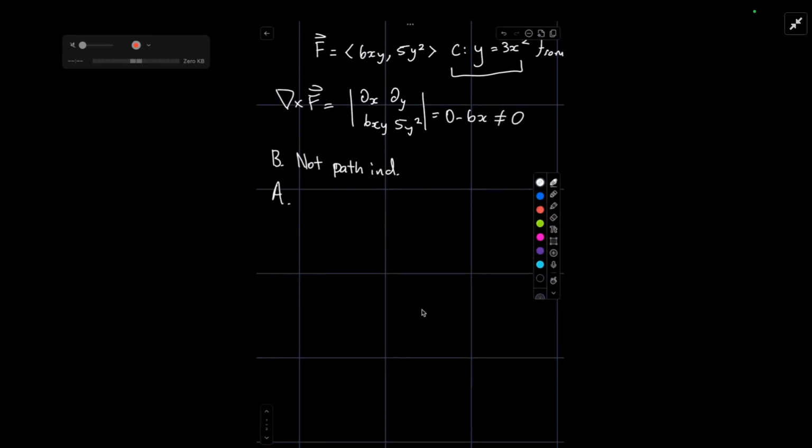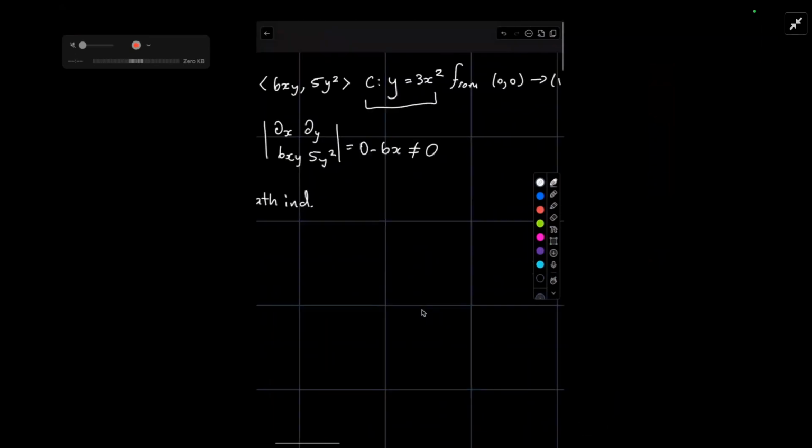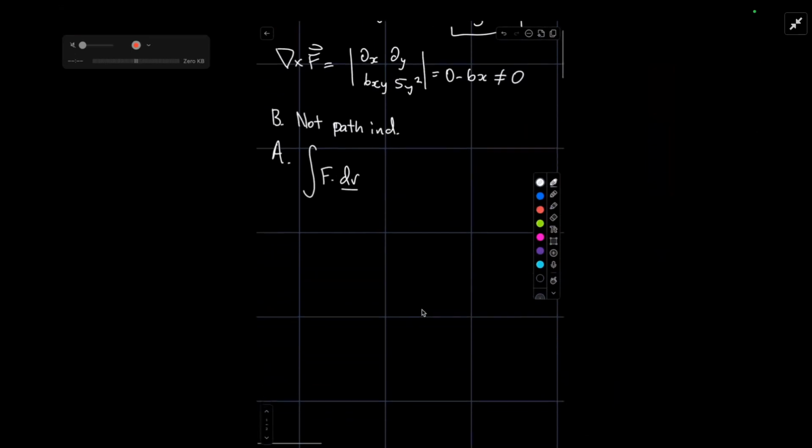And that, unfortunately, for part A, means that we do have to evaluate the integral on this path. So the first thing we're going to do is that for F dot dr, we're going to have to parameterize to find dr. Our curve was y equals 3x squared. So we can parameterize x to be t, and then y is 3t squared.